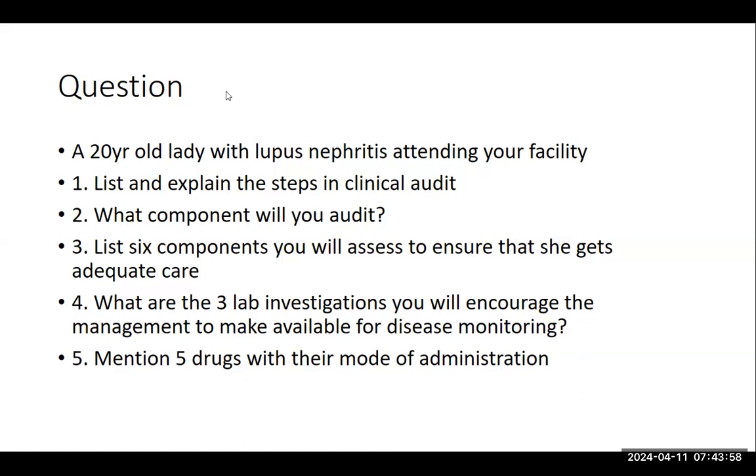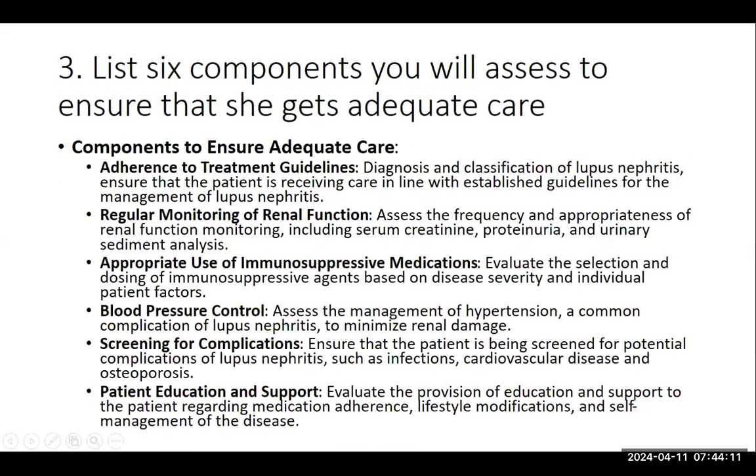The final comment I want to make is about the drugs. He didn't mention mycophenolate mofetil, which is very important in lupus nephritis. Cyclophosphamide, I didn't hear cyclophosphamide, also very important. Azathioprine, very important.